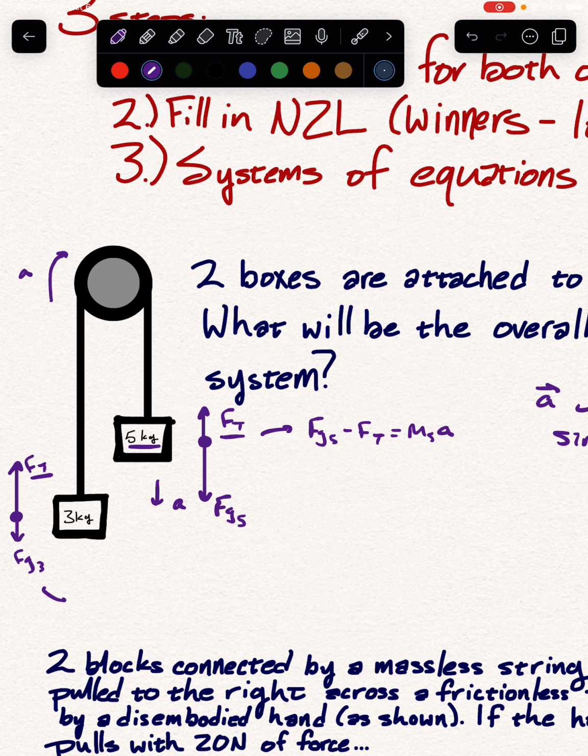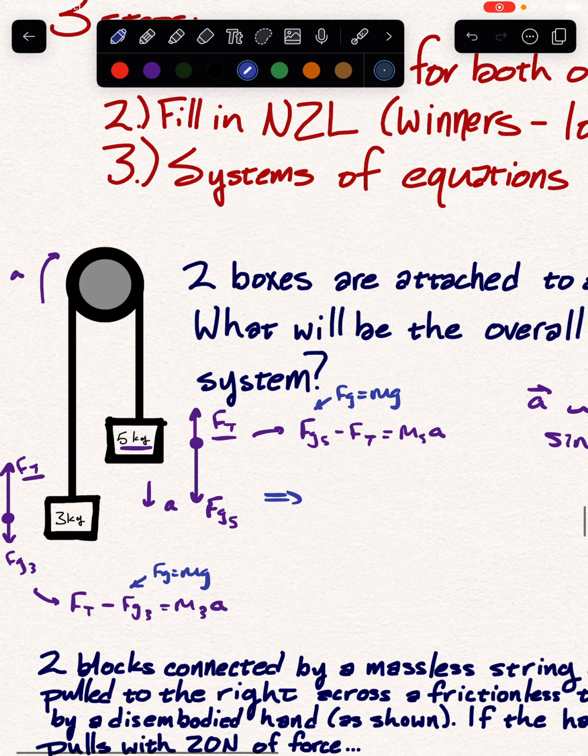And then over here, we're going to get the force of tension minus the force of gravity for the 3 kilogram block is equal to the mass of that 3 kilogram block times the acceleration. I'm going to rewrite them a little bit because I can rewrite force of gravity as Fg equals mg, right? So that's going to make it easier. So let me rewrite both of those next to each other over here.